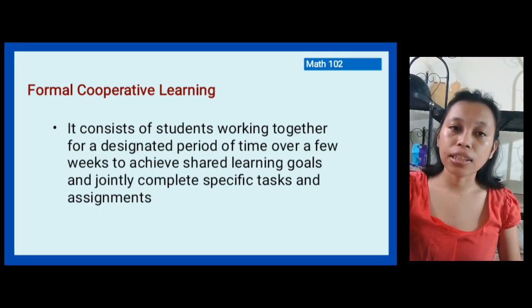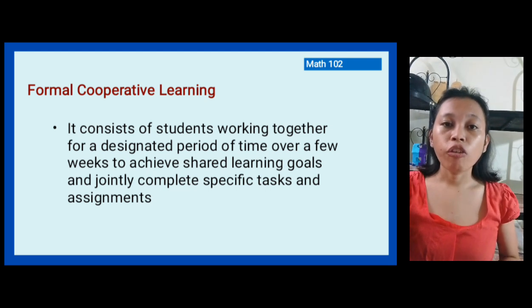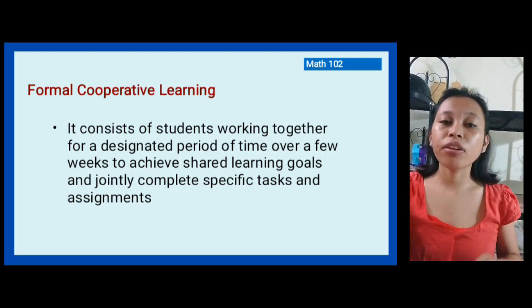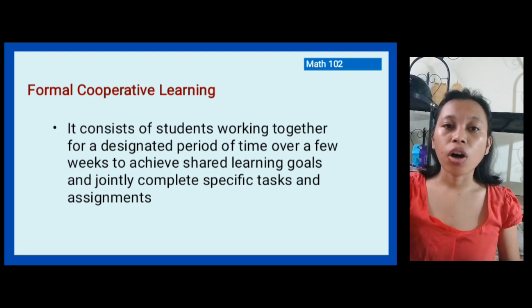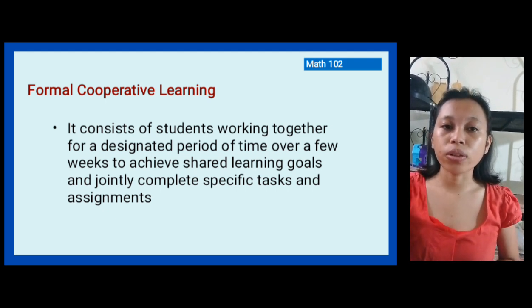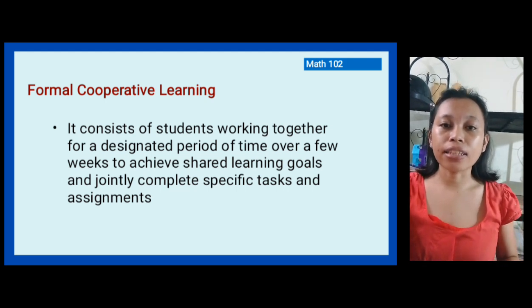And next is the formal cooperative learning. Formal cooperative learning consists of students working together for a designated period of time over a few weeks to achieve shared learning goals and jointly complete specific tasks and assignments.